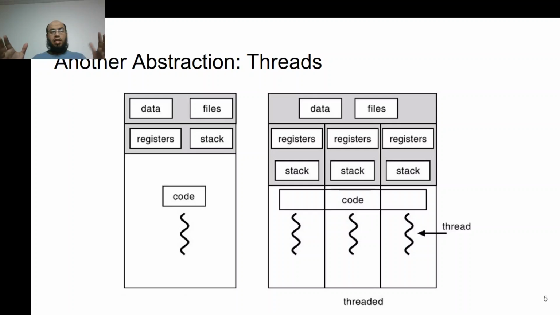In this case, these three threads actually share data and share files because they run in the same tab, but they also have different registers and different stacks. If you're fetching video from YouTube, then you have your own registers and a stack that stores whatever video you have over there.